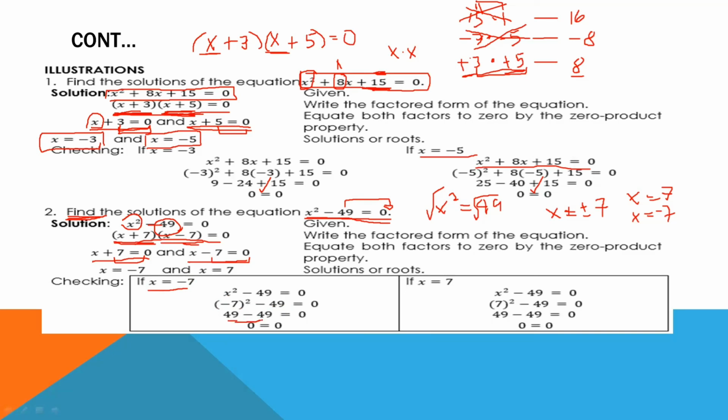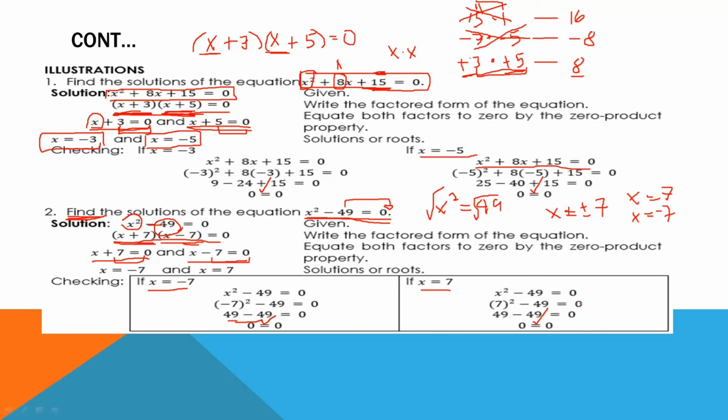Then subtract natin sa 49, it is equal to 0. Then 0 is equal to 0. So the other solution is positive 7. So let's try to substitute it. So 7 squared minus 49 is equal to 0. Then 7 squared is equal to 49. Then subtract natin yung 49 sa 49. Then equal siya sa 0. Therefore, 0 is equal to 0.